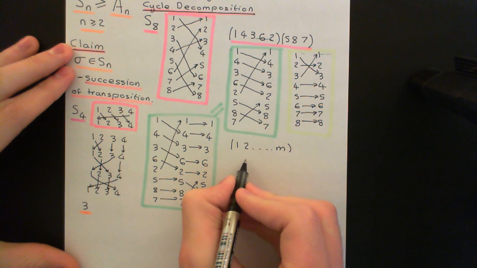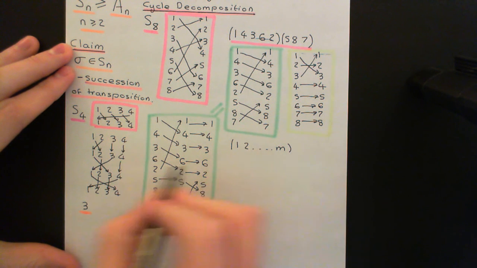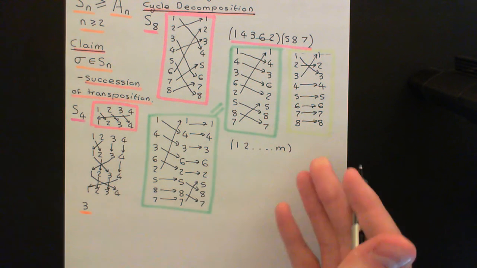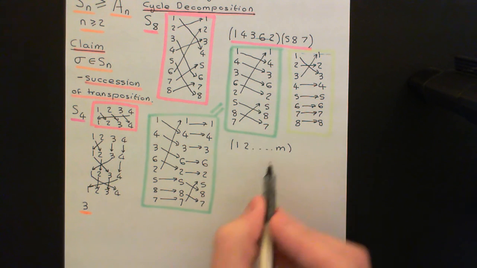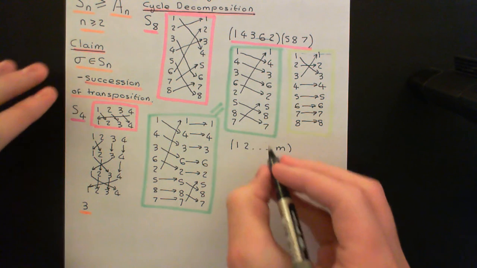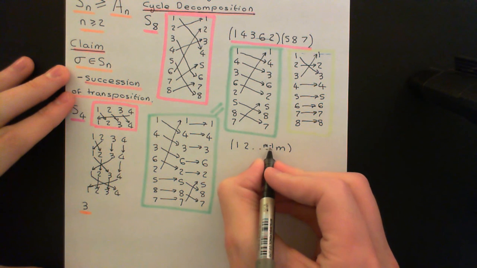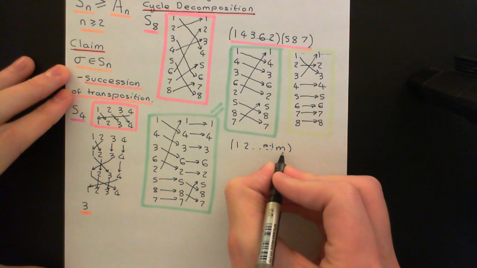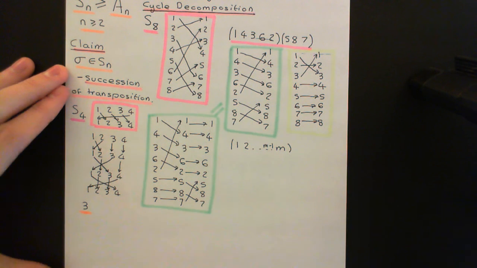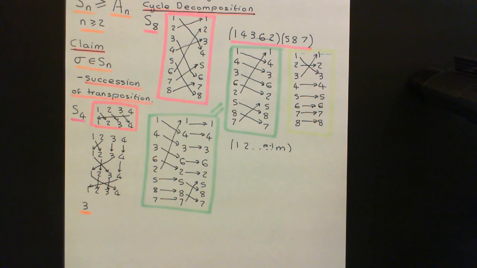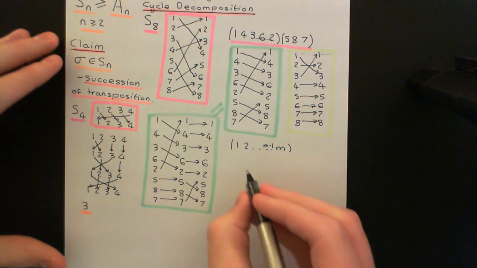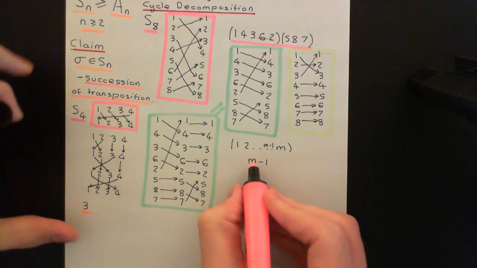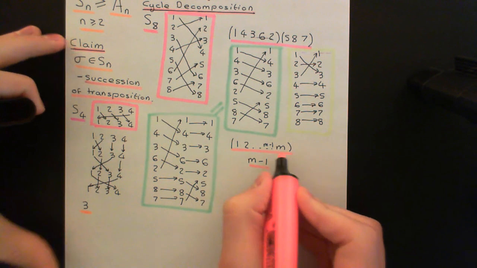Firstly, we'll have a transposition to make sure 1 goes to 2, then we'll have a transposition to make 2 go to the correct place, etc. And we'll work our way along the m cycle here, and we'll get to the m minus 1th thing here, and we'll have a transposition to make sure that goes to the correct place, but we won't need a transposition to make sure m goes to the correct place because there will only be one place for it to finally go. Okay, so overall it will require m minus 1 transpositions to build this thing in this way.